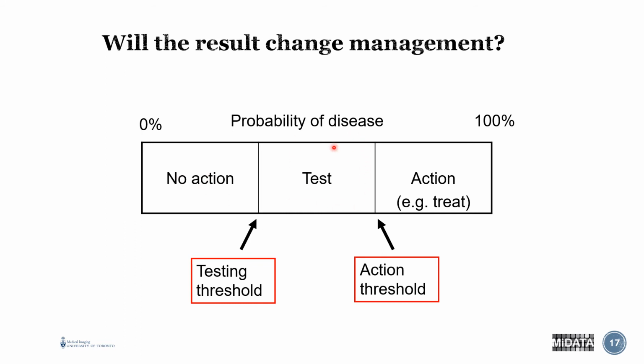If you're unsure if they have the disease, then you're going to want to test. And if you are pretty sure or certain that they have the disease, then you are going to take action and treat. Now, what separates these three states are going to be thresholds. You have the testing threshold, which separates no action to testing, and the action threshold, which separates testing and action.